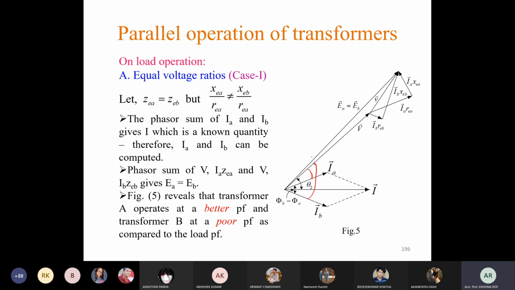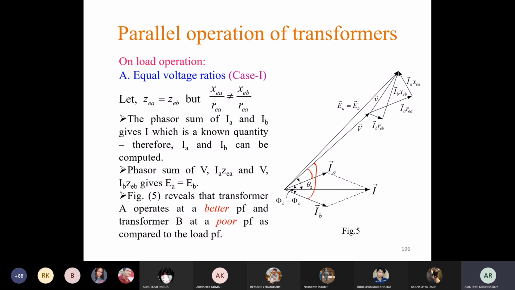A lower power factor angle means a higher cosine value, and a higher power factor angle means a lower cosine value. This means that in this type of operation, if the leakage reactance to resistance ratios are not the same, then though the transformers will share the load equally, one transformer will run with a better power factor and the other transformer will run with a poor power factor.